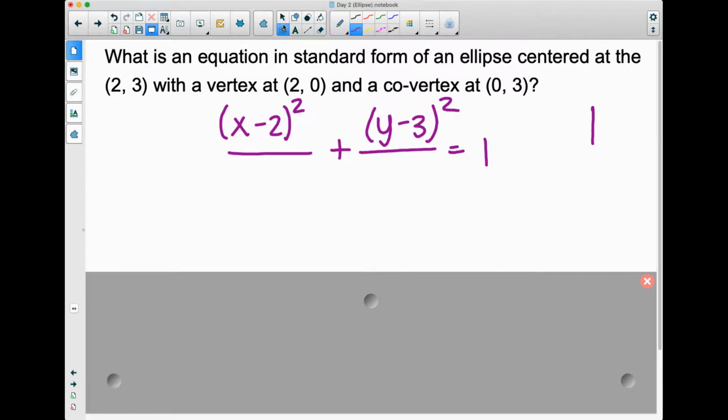So if I'm plotting at 2, 3, and I have a vertex at 2, 0, how much did I go down? 3. Square that, I get 9. And then at 0, 3, how much did I go over? 2. Square that, get 4. Okay.